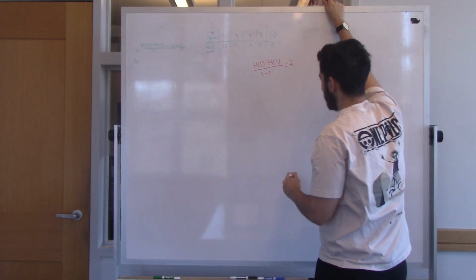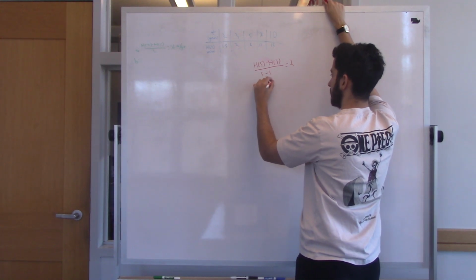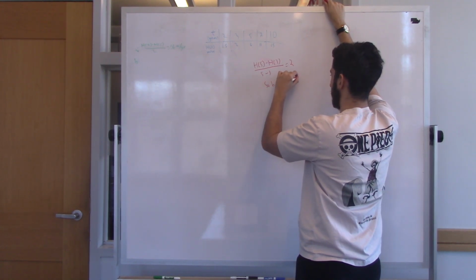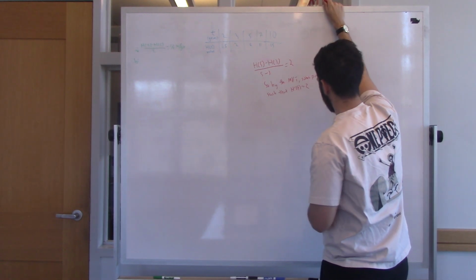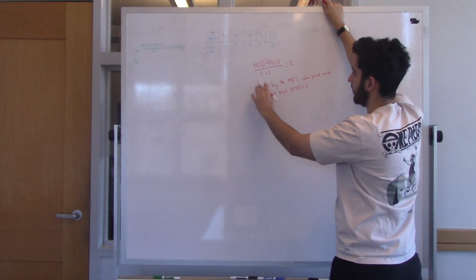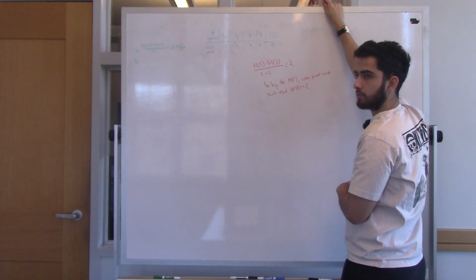Okay? So, by the mean value theorem, some point exists such that h prime of t equals 2, because the 2-point slope at some point is 2.